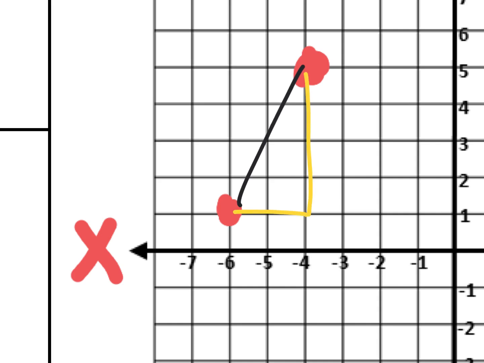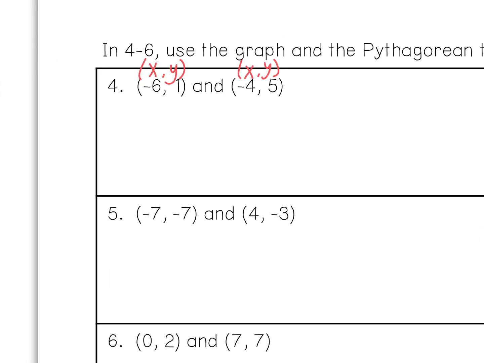How tall is my triangle? 4. How wide is my triangle? 2. And are those the short side or the long side? So we have to add under the square root. So square root of 4 squared plus 2 squared.